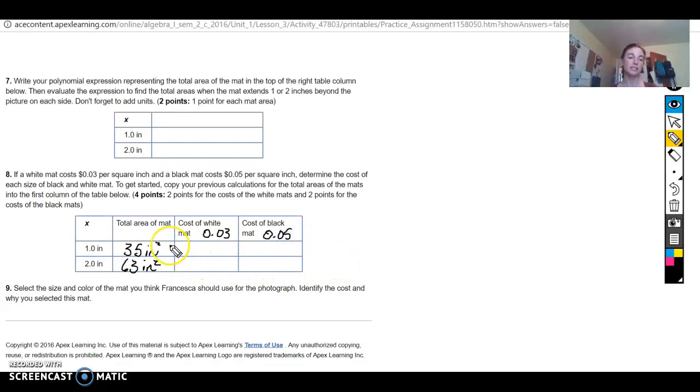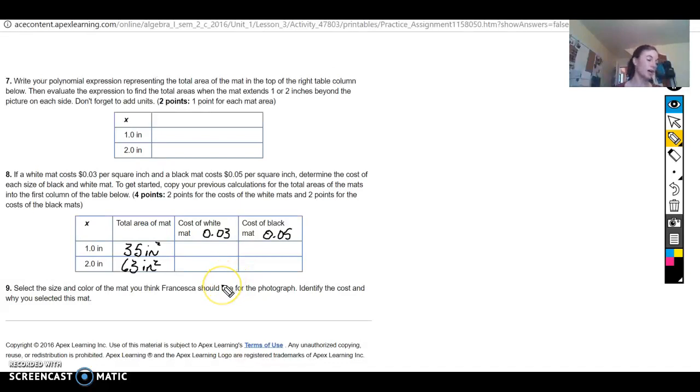So all I need to do here is multiply that 35 by my 0.03 to get the cost of the white mat at 1 inch, and then multiply it by 63 to get the cost of the white mat at 2 inches.